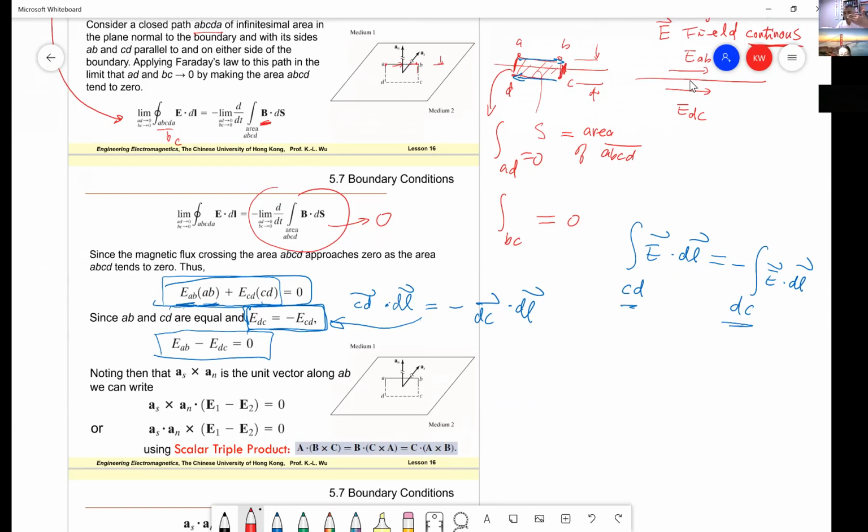If we define the direction of this ABCD surface, we call it AS. And the normal direction of the surface between the two media, we call AN.